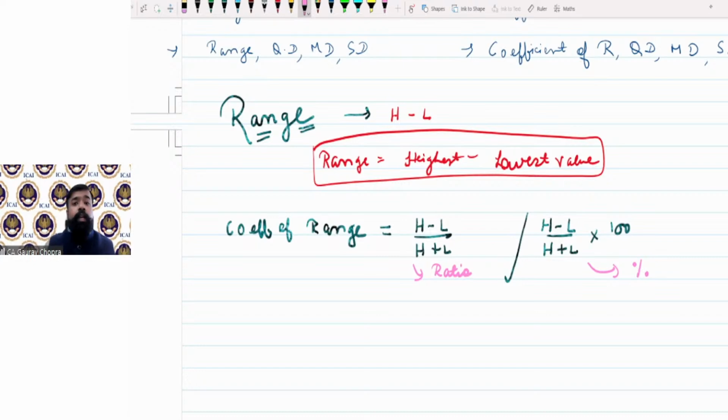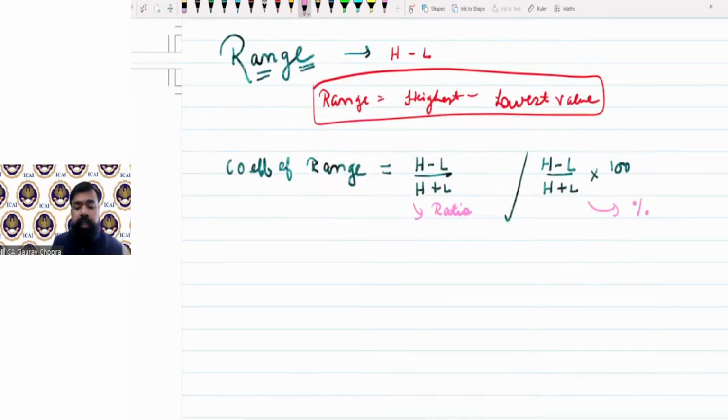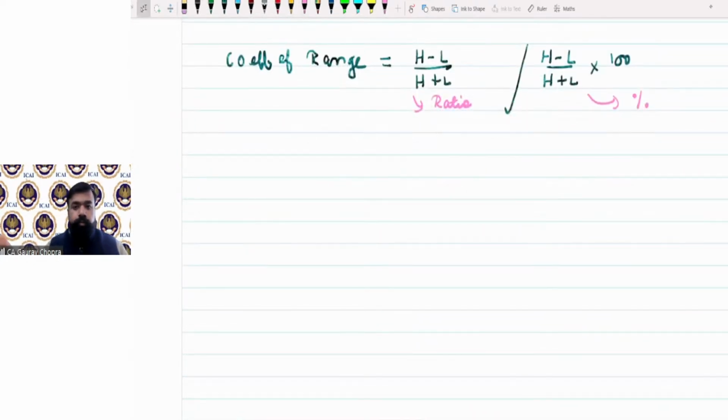So how to calculate this range? Let us take some examples. Let's say we are having some data: 1, 10, 12, 6, 8, 15. We have to find out the range.